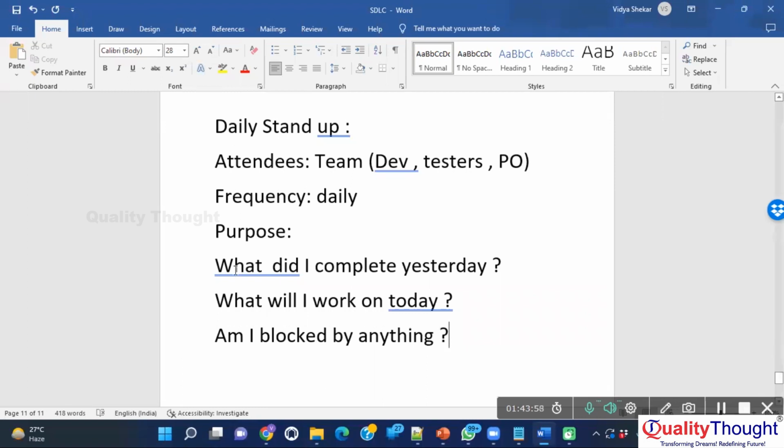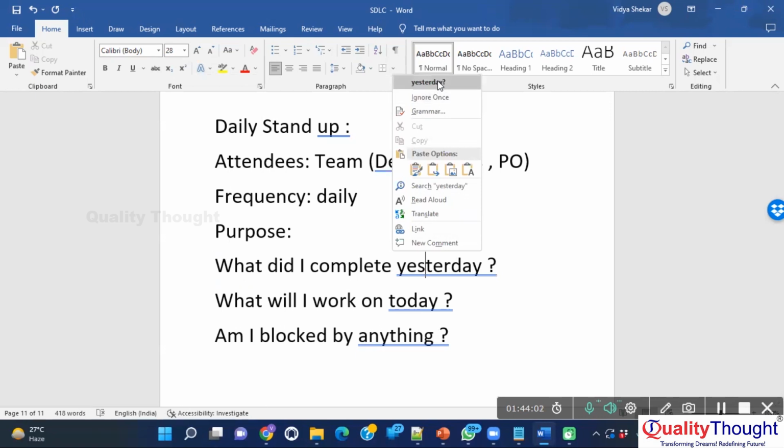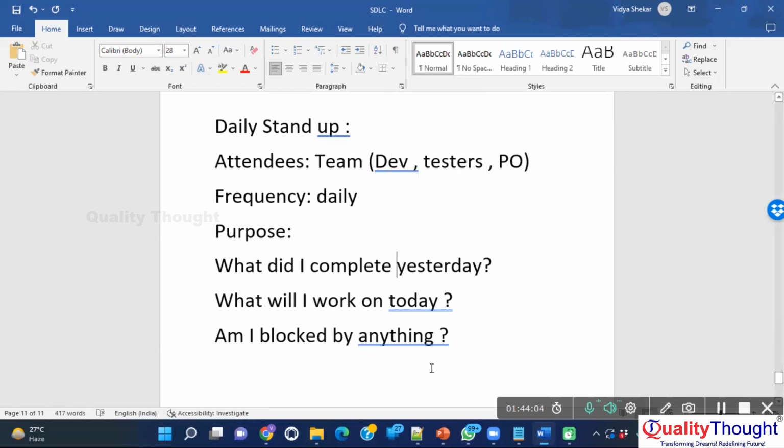Okay. So as a tester, what would be your answer? What did I complete yesterday? Yesterday, I was working on the shopping cart module, and there are around 30 test cases in total. I've executed around 20 test cases, and I've logged 2 defects. Still 10 more test cases are pending.